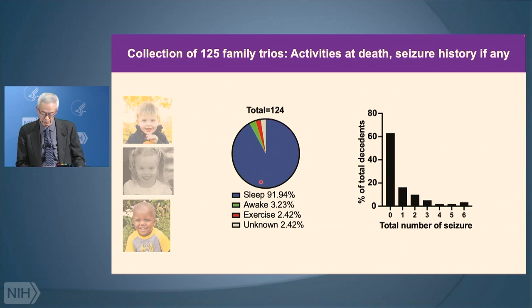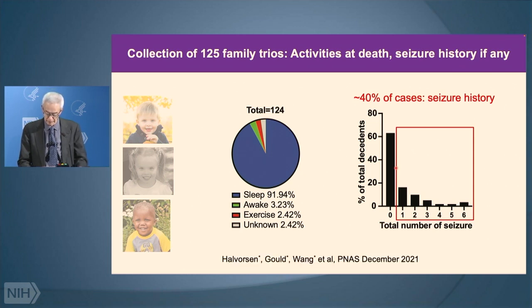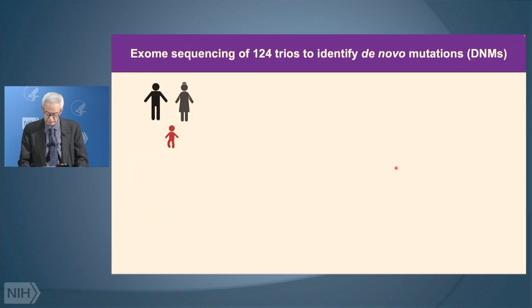I'll come back to what happened while they were sleeping later. In most of the cases, maybe 40%, the kids had some sort of seizure history, febrile seizure or some other type of seizure. So that immediately makes you think about brain circuits. And this work was published a couple of years ago.